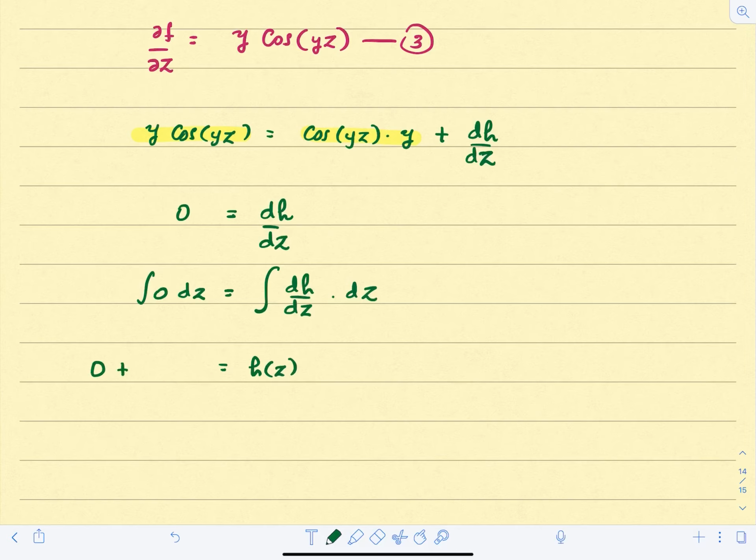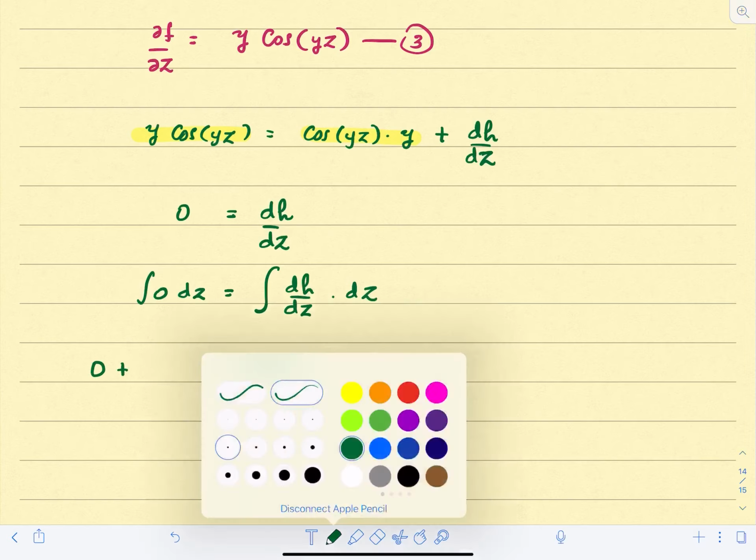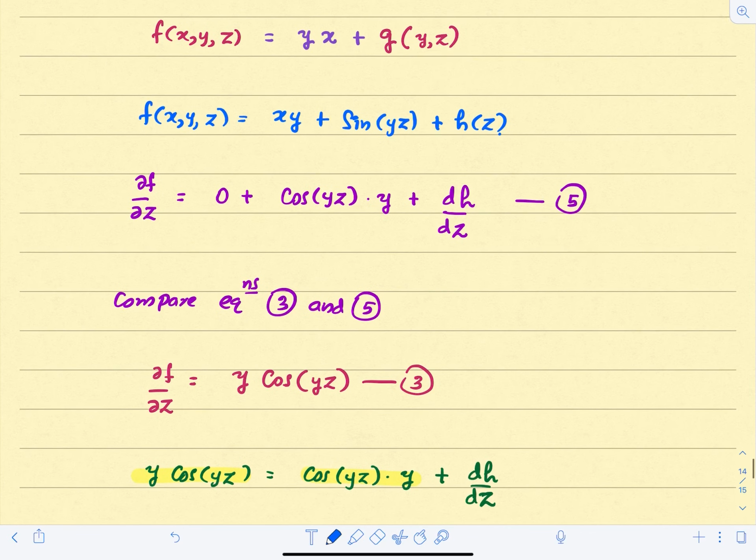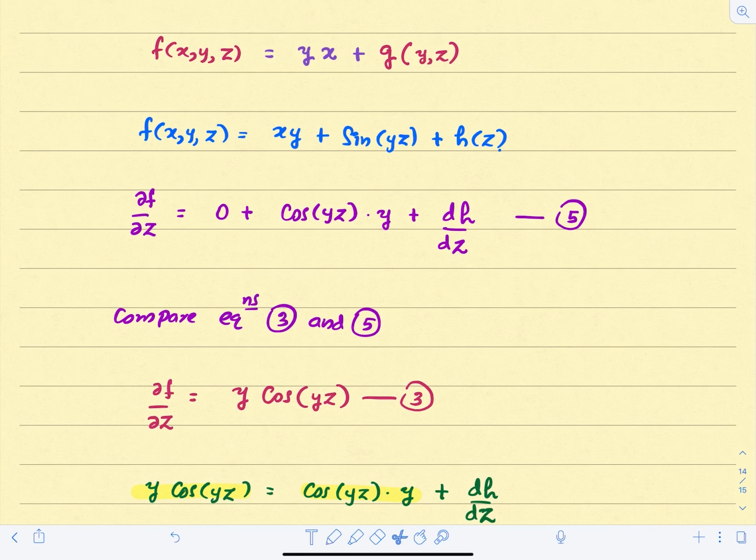Now we need to add the constant of integration, so let's add C. So this means our function h should be a constant function. Now we can update this equation.